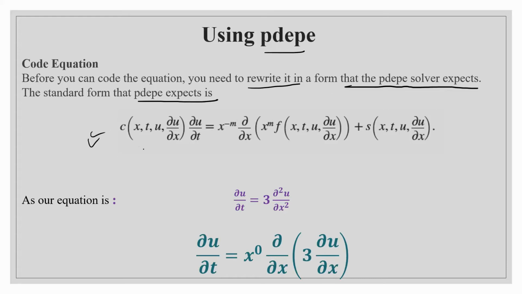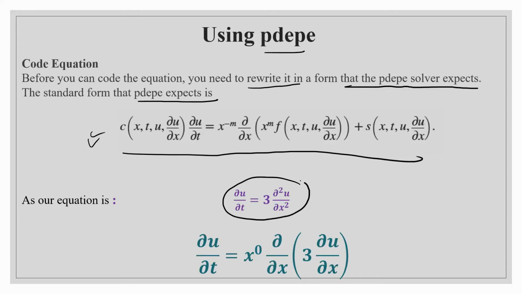If you see, our heat equation is given as this, and the coefficient of del u by del t is given by this c. So in our equation we can find that c is equal to 1, and what will be the value of m? This will be equal to 0.